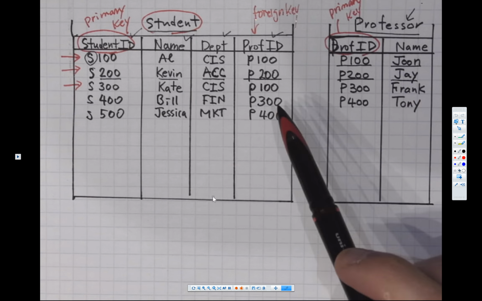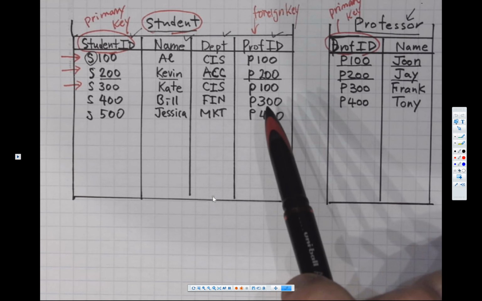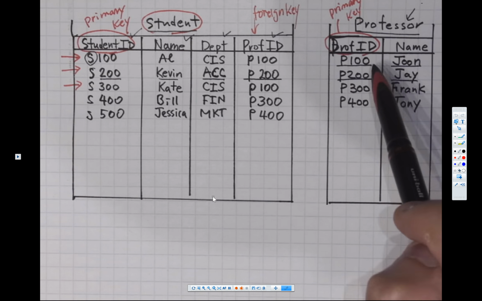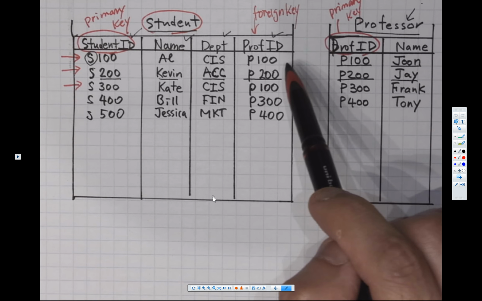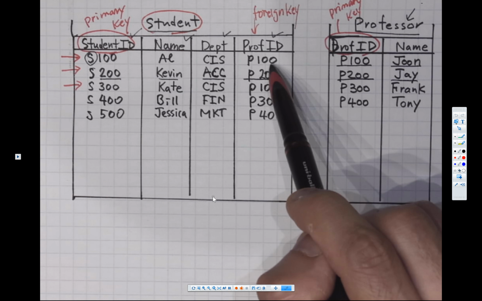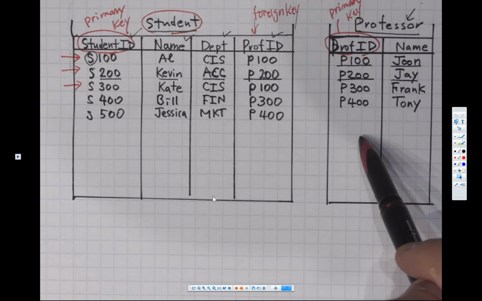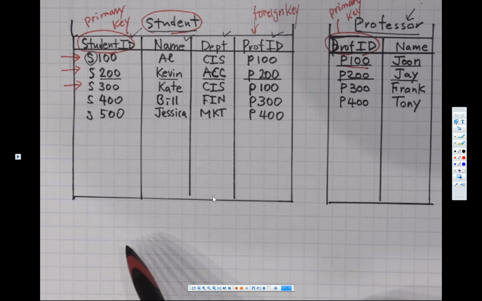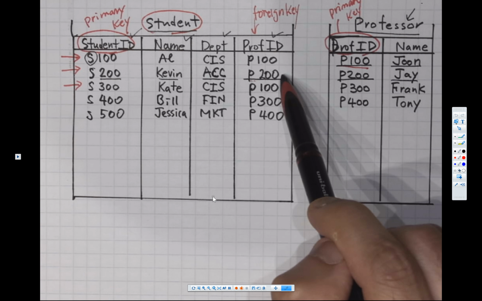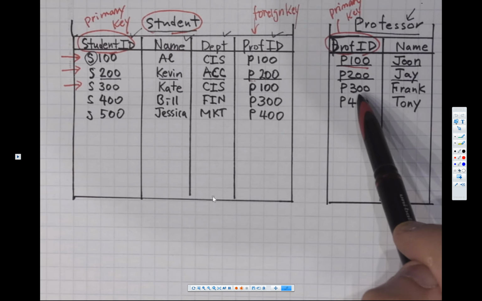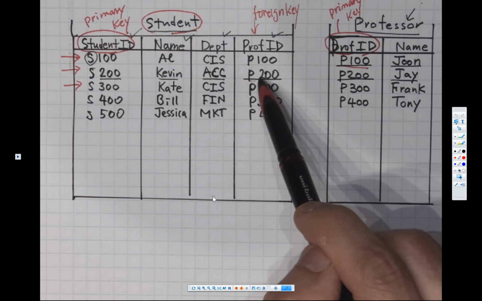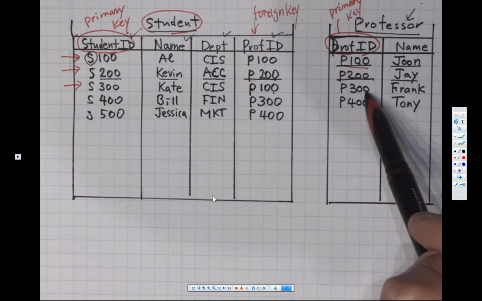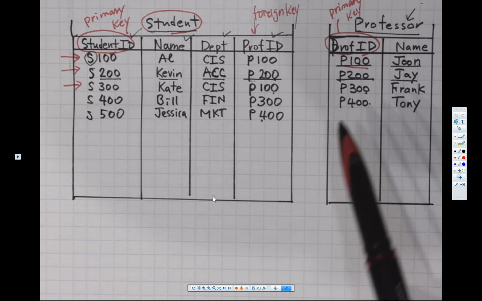By definition, a foreign key is used in another related table as a primary key. For example, P100 is used in another related table as a primary key, and P200 is also listed as a primary key in the related table. 200, yes, we have 200. 100, yes, 300 here, 400 here, right?